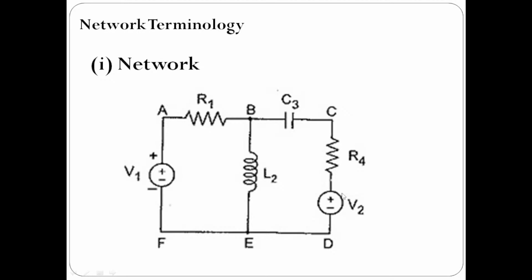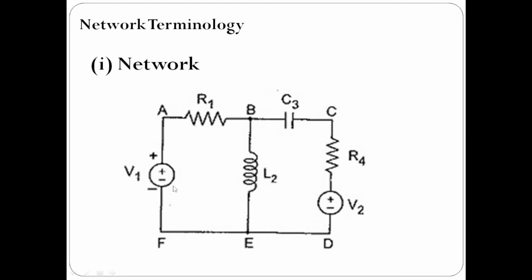The arrangement of various sources along with different passive elements or circuit elements in a certain pattern is known as an electric network. So what is a network? An arrangement of circuit elements in a certain pattern. You can see they have been arranged in a certain pattern here.